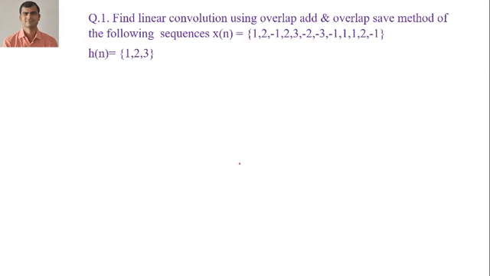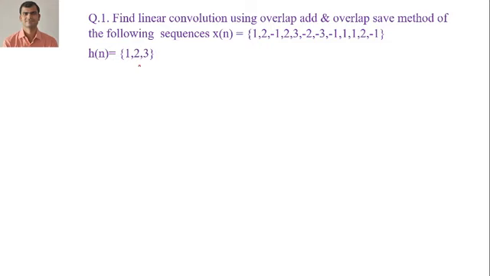Now the question is: find the linear convolution using the overlap add and overlap save methods for the following sequences. The sequence x of n is given and the sequence h of n is given. Before finding the linear convolution using the overlap save and overlap add methods, we have to calculate the number of samples in the output sequence.